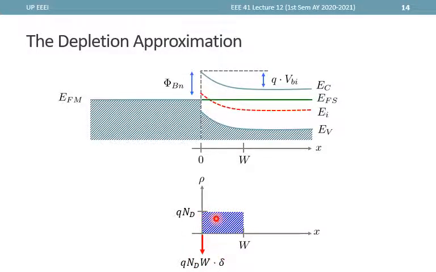And so the area of this one must be equal to the area of this one. And this one is an impulse where the delta function represents an area of 1. And we write that with a height equal to this value right here, QNdW. So the area of this impulse right here is actually QNdW. And that is also the same as the area here, which is QNd times W.